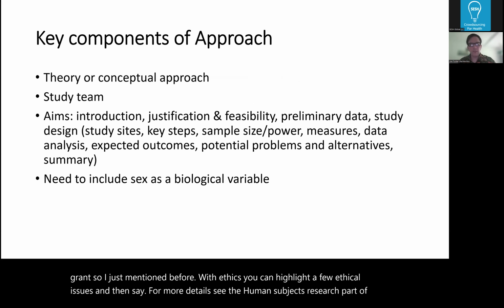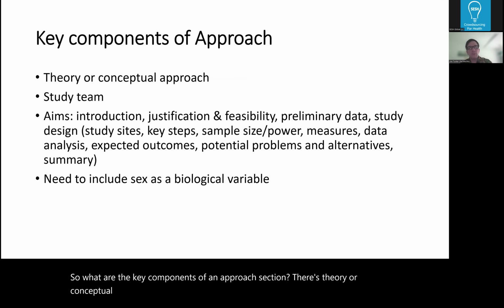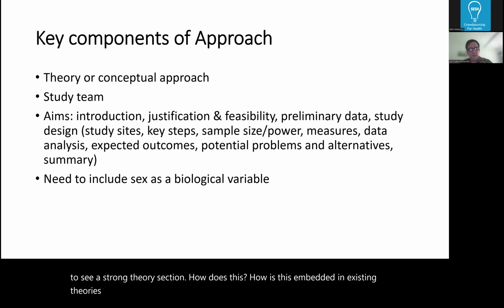So what are the key components of an approach section? There's theory or a conceptual approach. And for many study sections, they're really going to want to see a strong theory section. How is this embedded in existing theories or conceptual ideas? Study team is also quite important.